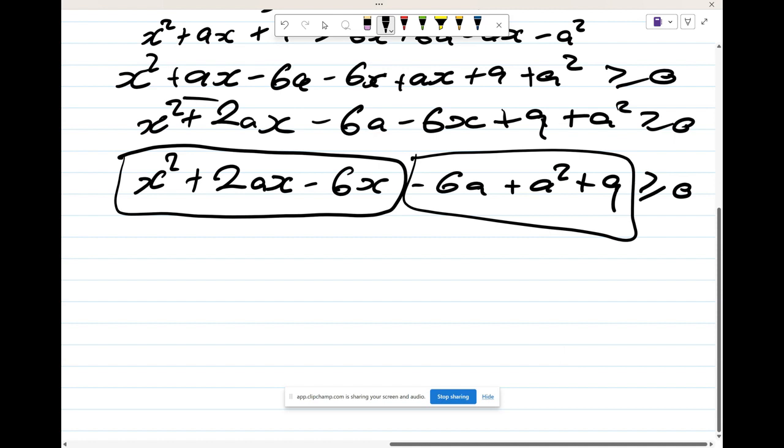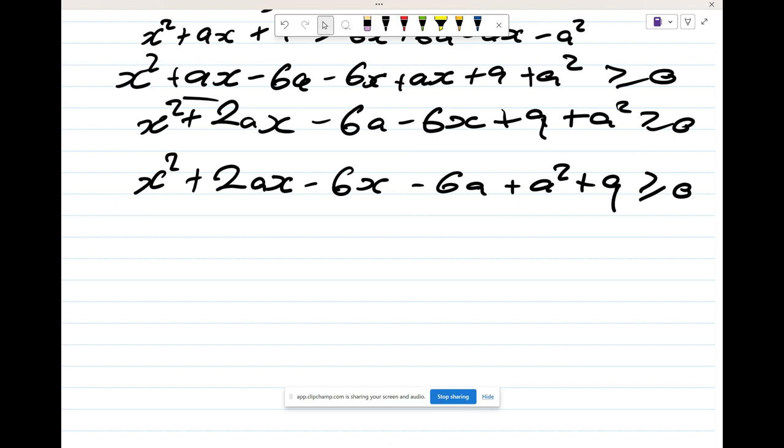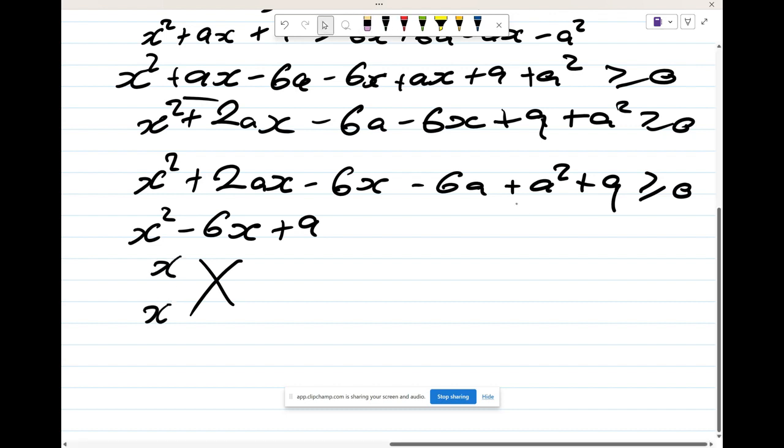So what we can do is try to turn these into two quadratics and then find the perfect square. So let's do it like this, and this will create a quadratic in x. So x times x is x squared, and 3 times 3 is 9, and that'll give us the 6x in the middle. Okay, perfect.